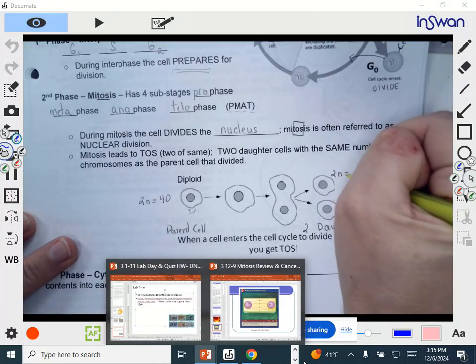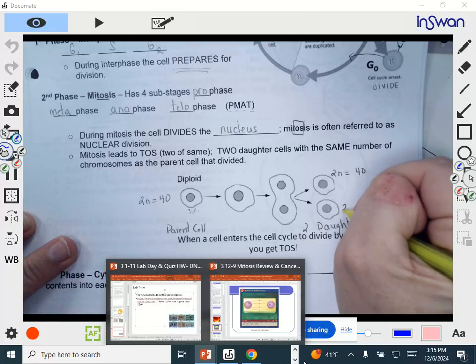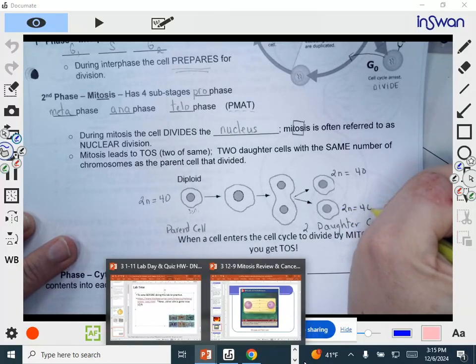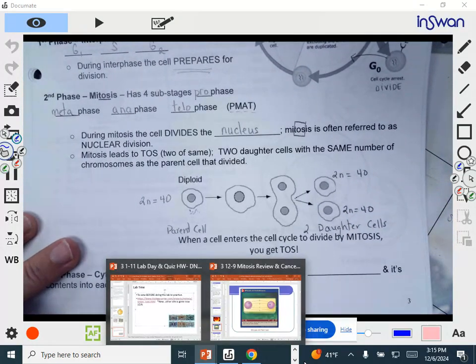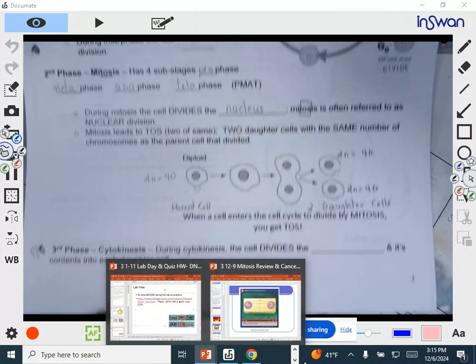So these daughter cells will end up with 40 chromosomes. They will be diploid just like the original cell that divided, which is what we need. If this was a skin cell and the skin cell next to it died, we need this one to split and replace that cell that died. And we need it to have the right number of chromosomes in it.